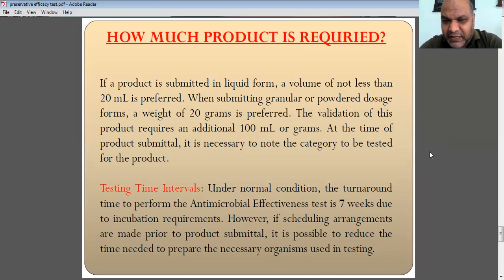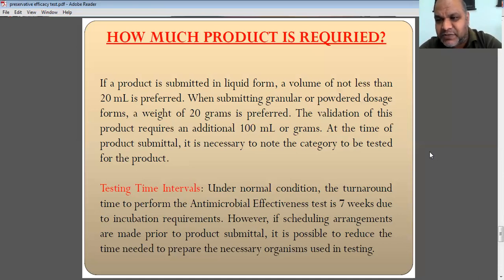If it is more than that, then definitely a higher amount, either 100 grams or 100 ml, is required for a full validation, because we all know that if we have a high mass of the product, then only can we confirm the identity and our inferences, and get better results.